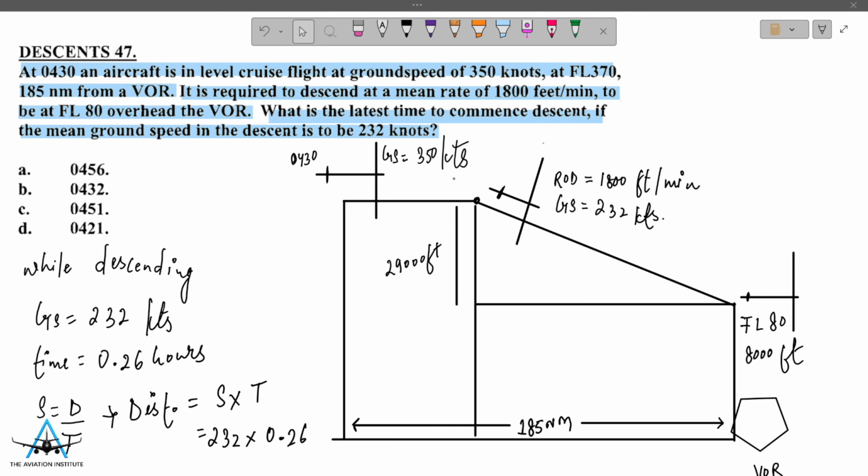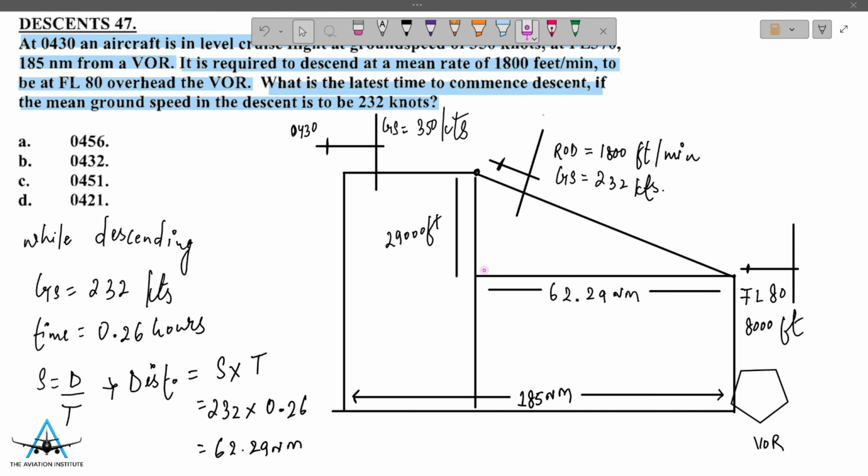Also while descending, our ground speed is 232 knots and we just calculated the time in descent, which was 0.26 hours. Using the formula speed is equal to distance divided by time, we can calculate the distance by multiplying speed by time. We will have the distance covered during the descent, which you will get as 62.29 nautical miles.